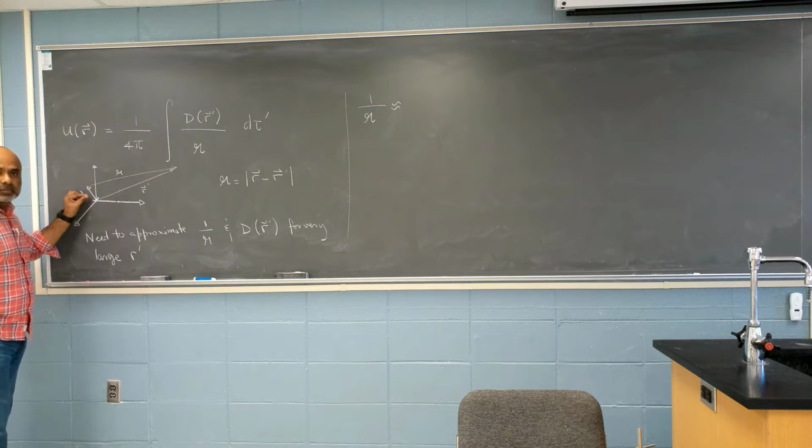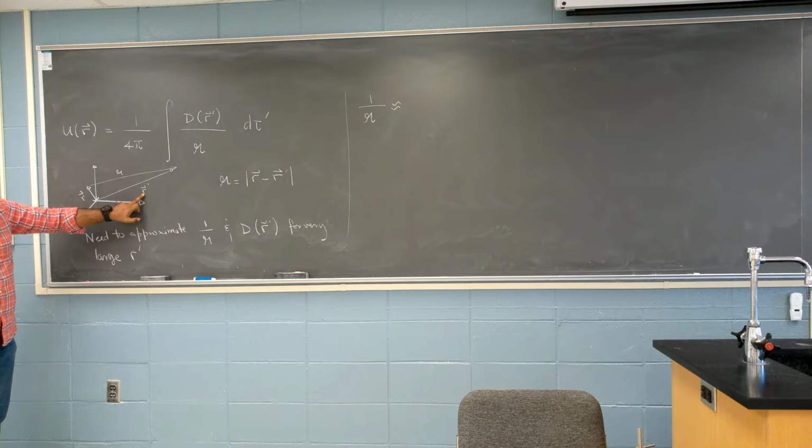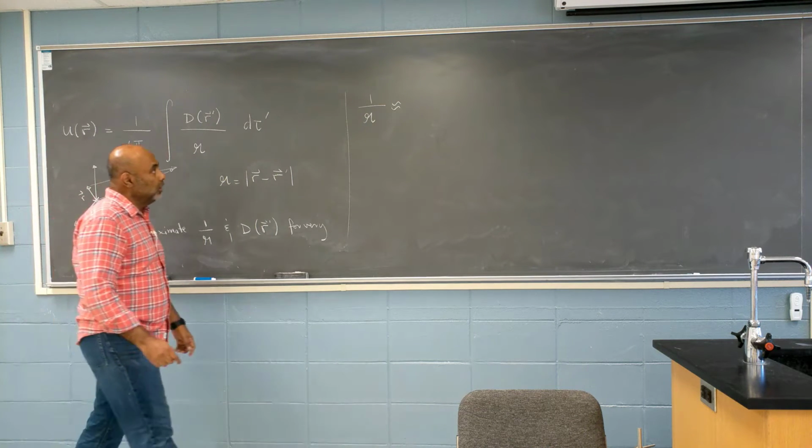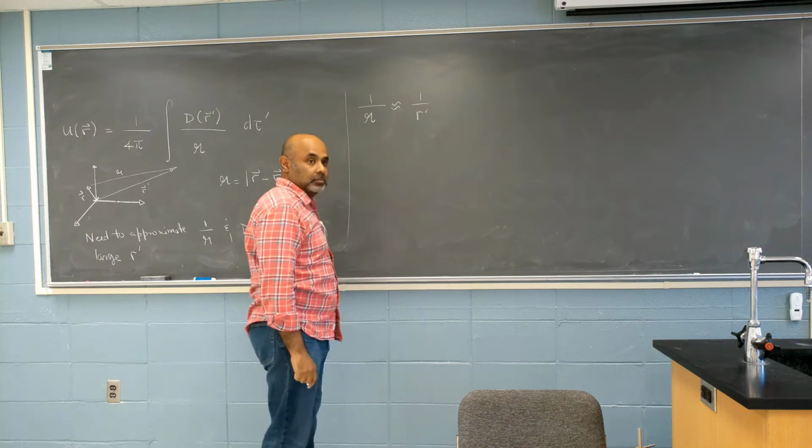As I'm fond of saying, you don't see the Death Star very far away. So this distance is practically this distance, for this being very large. So I can write this as 1 over r prime.